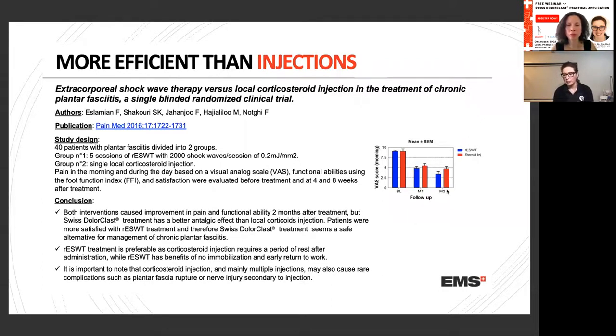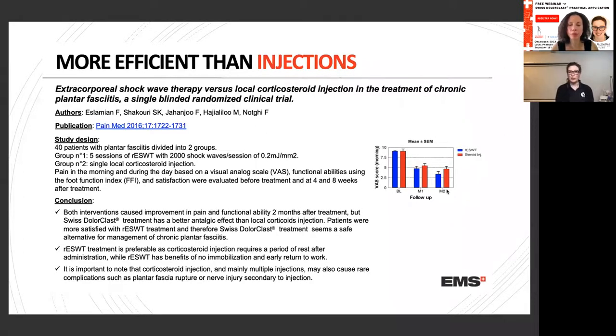So there's a chance we could do more damage. And sometimes you can have nerve problems secondary to a cortisone injection. So keep in mind that cortisone can be effective, but so can shockwave, without being too invasive and without risking rupturing the tendon.